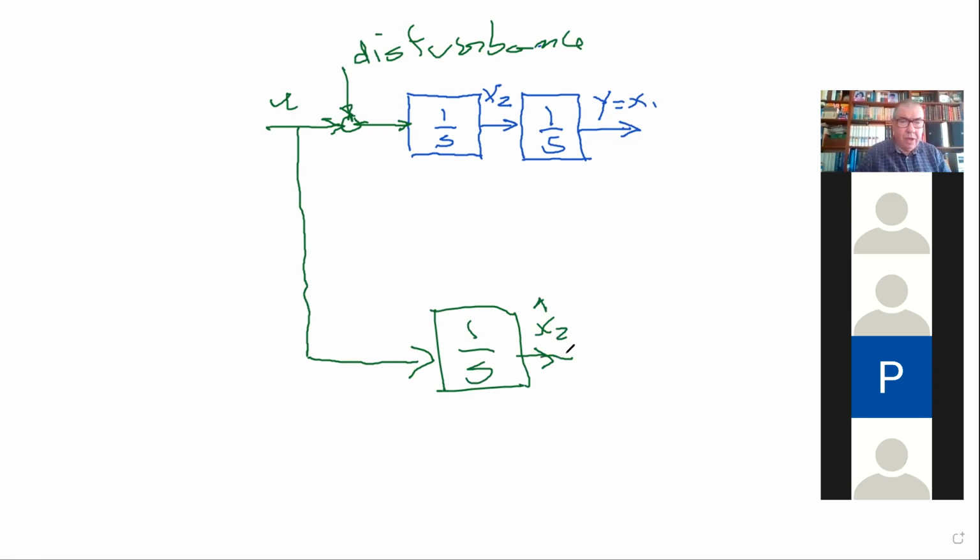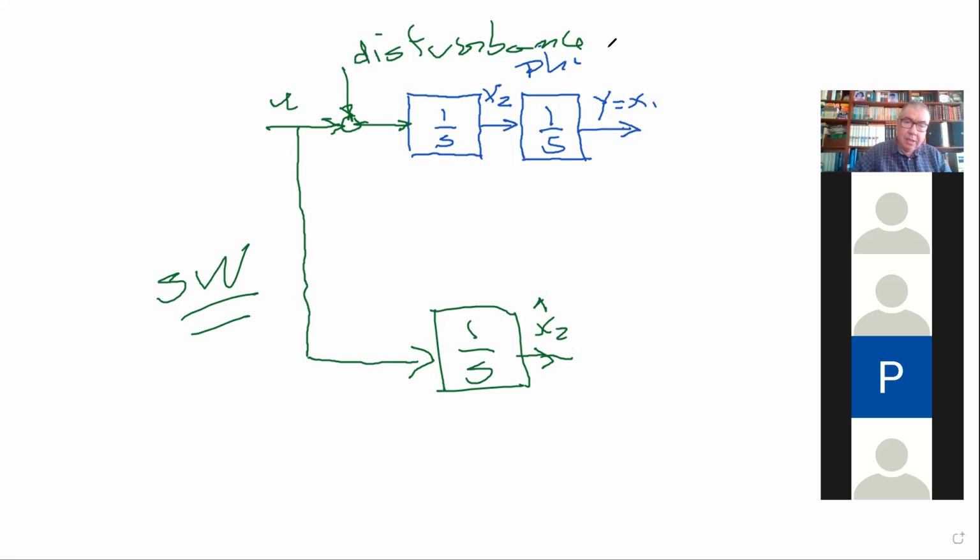Okay, so what type of information can we explore to improve our estimate with respect to disturbances that act on the system, and of course do not act on your estimator, because your estimator in green, this is software, and in blue, this is physical.